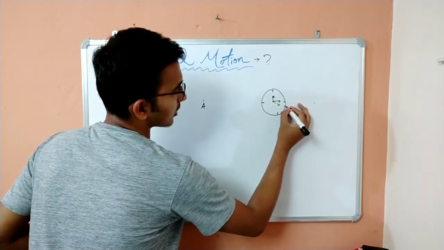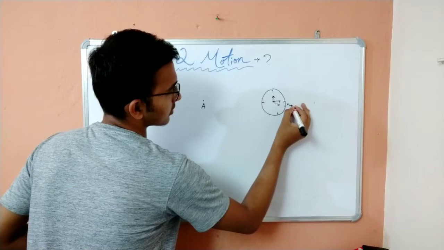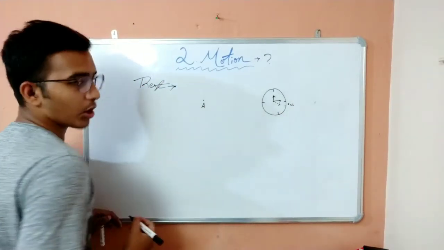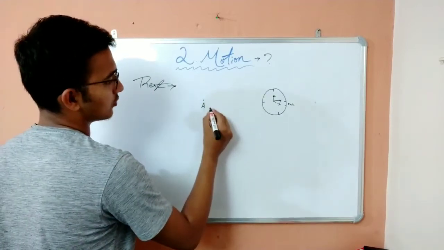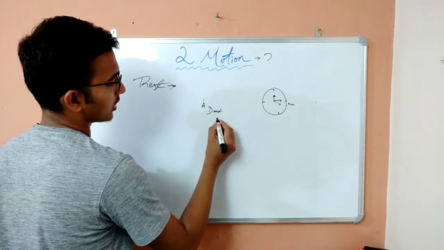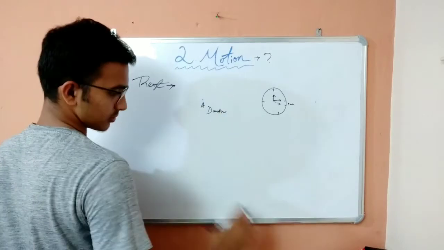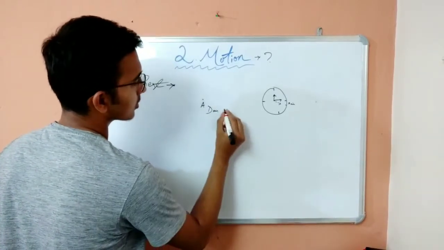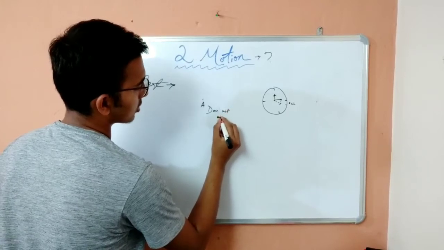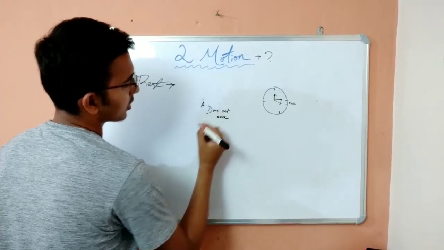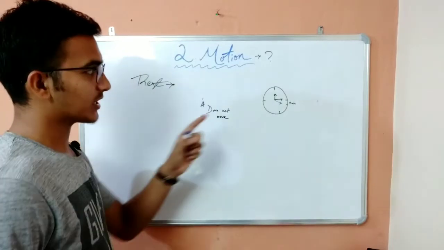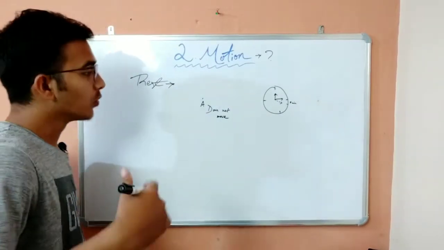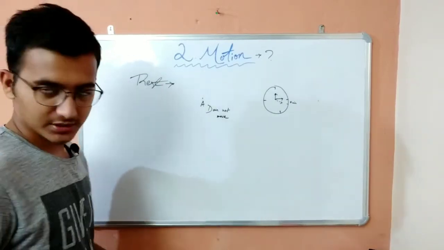So it will move, suppose 5 minutes. Even after 5 minutes, this object A does not move. Now when with respect to time an object does not move or change its position, we say that the object is at rest.